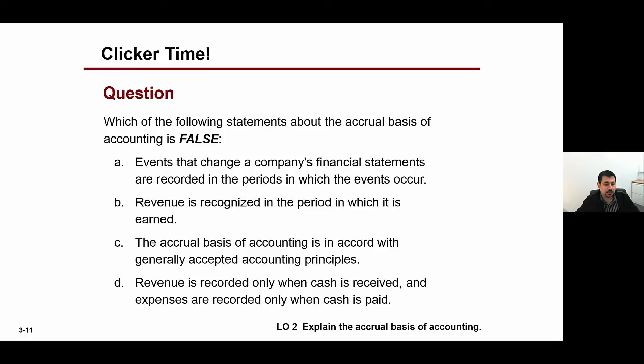The accrual basis of accounting is in accordance with generally accepted accounting principles, and revenue is recorded only when cash is received, and expenses are recorded only when cash is paid. As we can see, under accrual basis accounting, only the last one is incorrect because this is cash basis accounting.